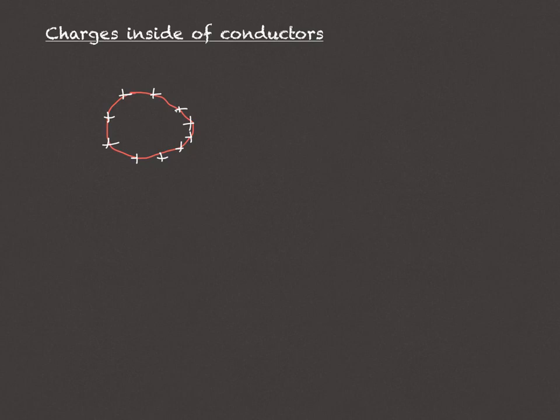And again, those charges would spread apart until they were in static equilibrium, so that there was no net force on any charge, so it's not going to move, therefore having a net electric field over the entire object equal to 0.